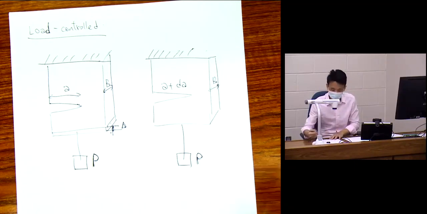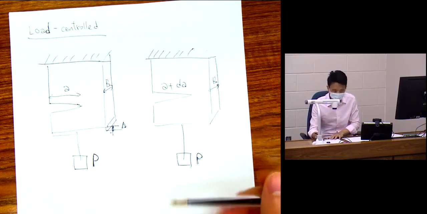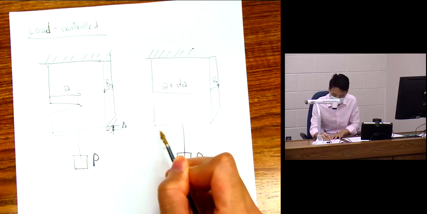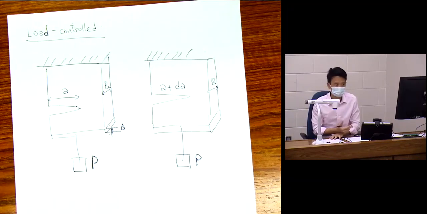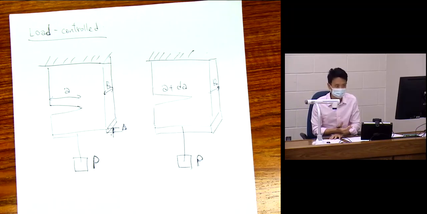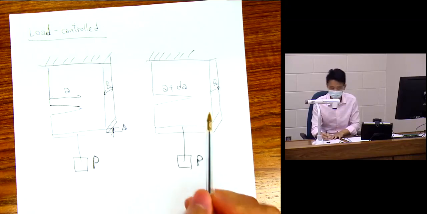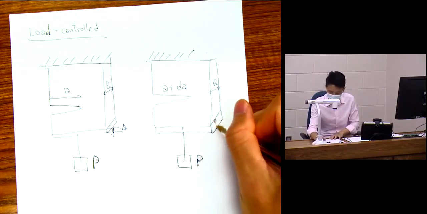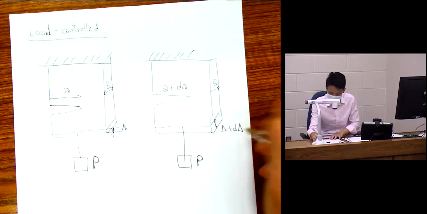And again, from unloaded to the equilibrium state, there's going to be some displacement of that solid. And this is going to be slightly more than delta, because the crack length is a bit larger. So it's a little bit more compliant. So that's going to be delta plus d delta.